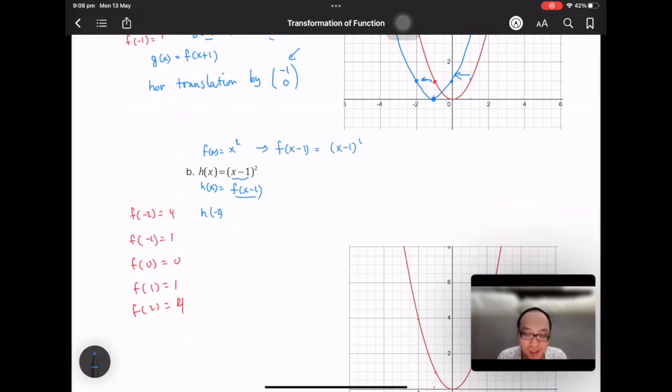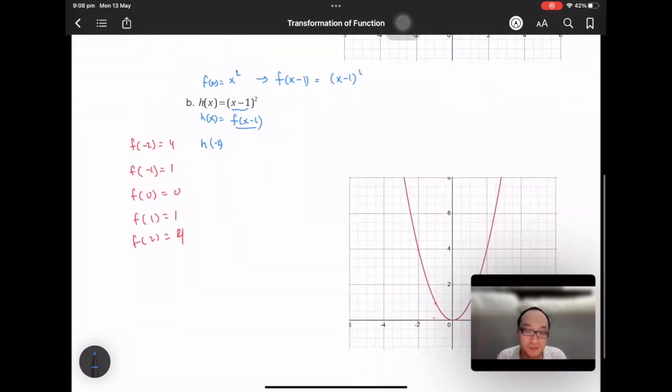So this is f(x - 1). So h(-2) equals f(-2 - 1), which equals f(-3).